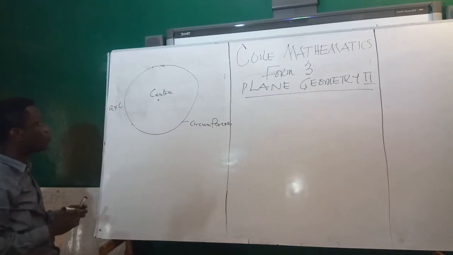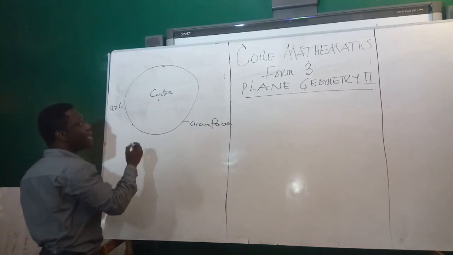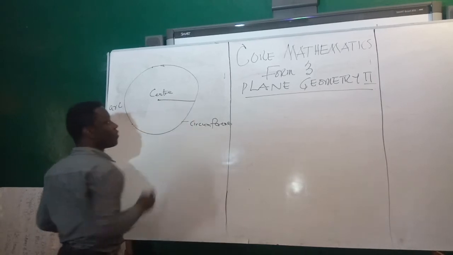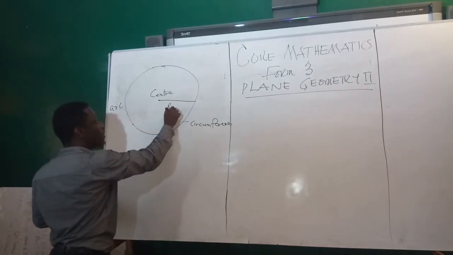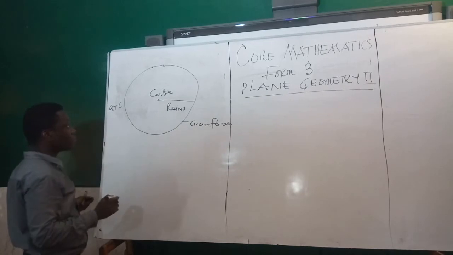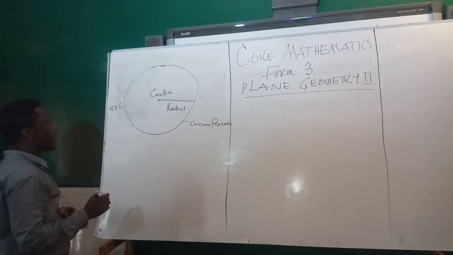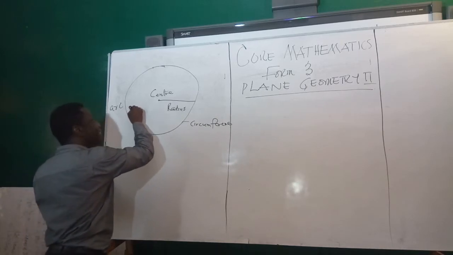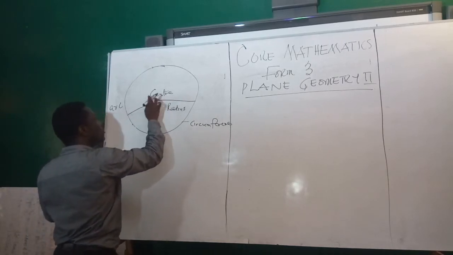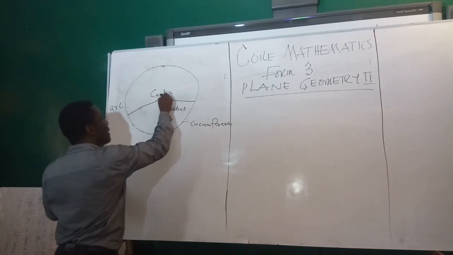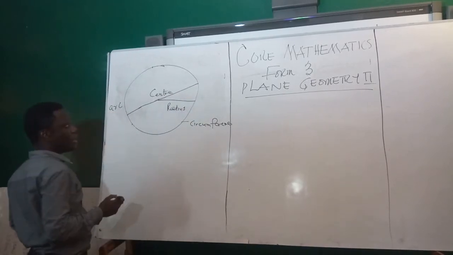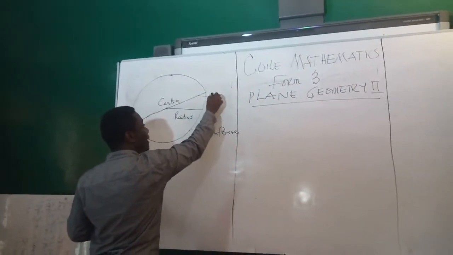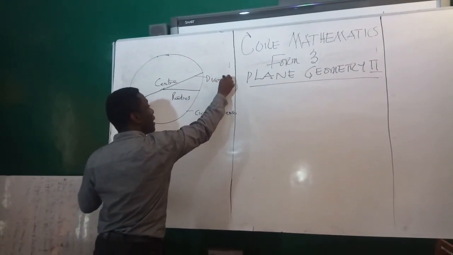And then also, you know by now that any line from the center of the circle to any part of the circumference is your radius. Then any line from any part of the circumference through the center to any other part of the circumference will naturally be your diameter.